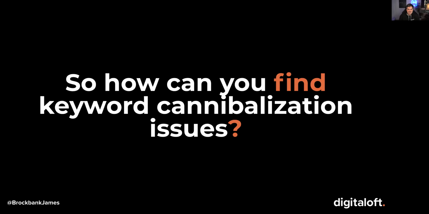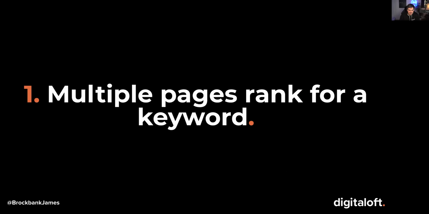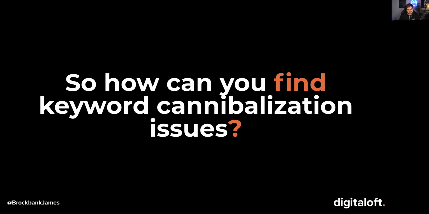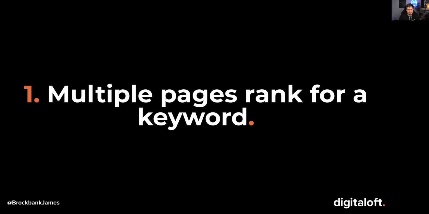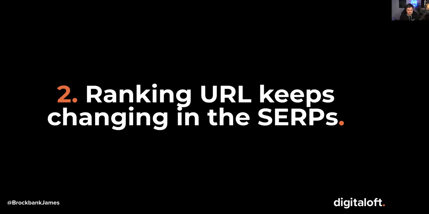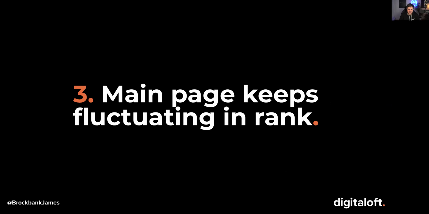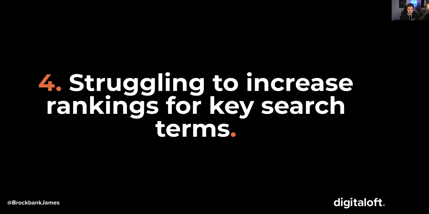So let's now look at how you can find these keyword cannibalization issues. What are your options for finding them? Well, start by considering when there are multiple pages that rank for a keyword. If you see a ranking URL continually changing in the SERPs, if you see the main page continually fluctuating in rank, it could be another signal that you have a cannibalization issue.